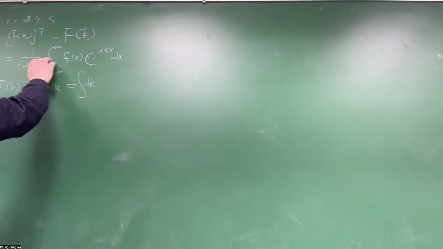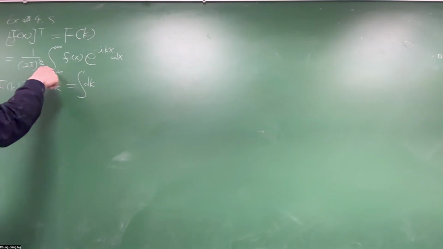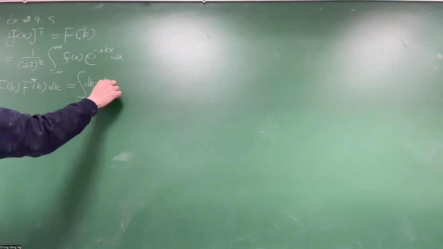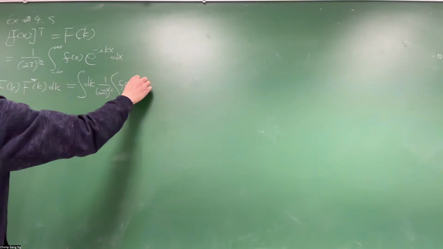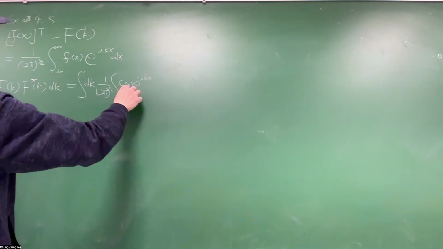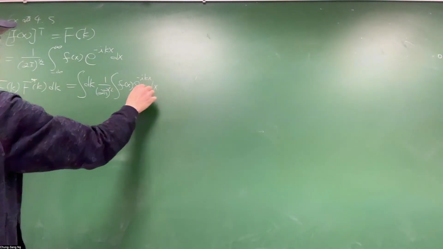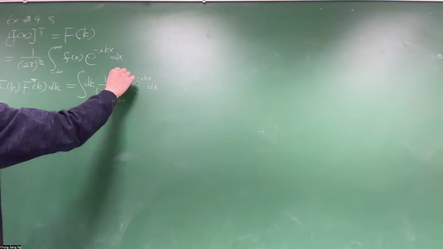You substitute this into that, and one of them is f(x), with e to the minus i k x and dx. So this one is going into this one.